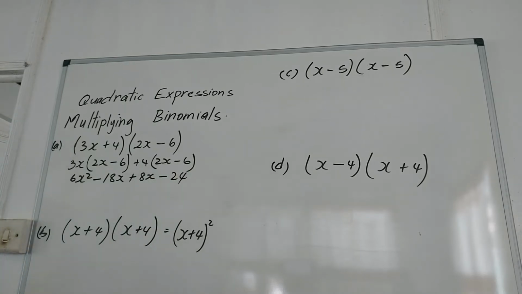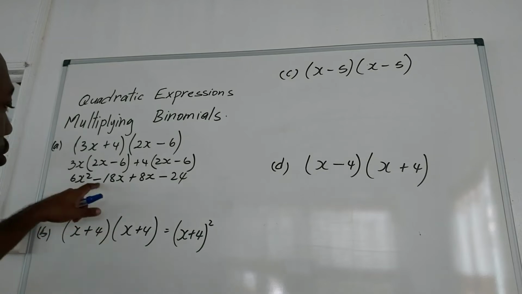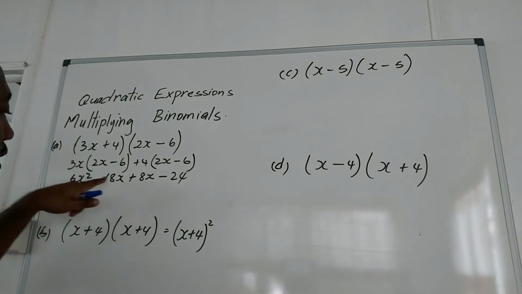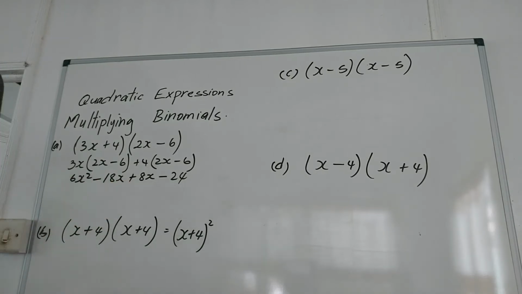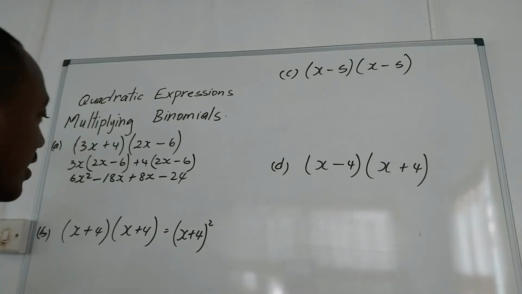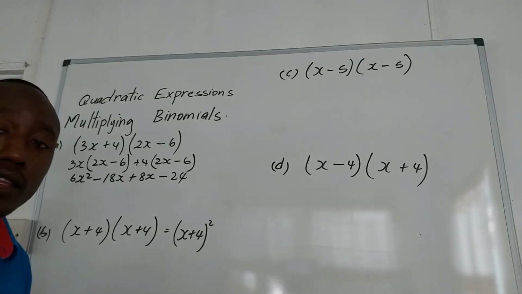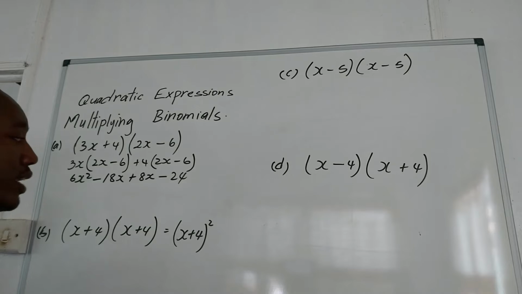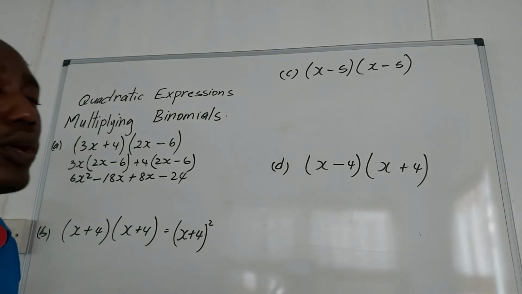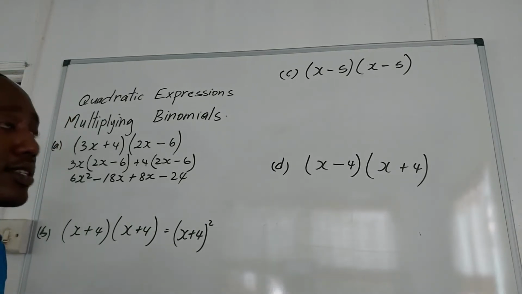So let's check and let's simplify. Here we have minus 18x plus 8x. And we said that when the two signs are different, we subtract and the answer takes the sign of the bigger number. So we have a negative 18 and a positive 8. So 8 from 18 will give us 10.